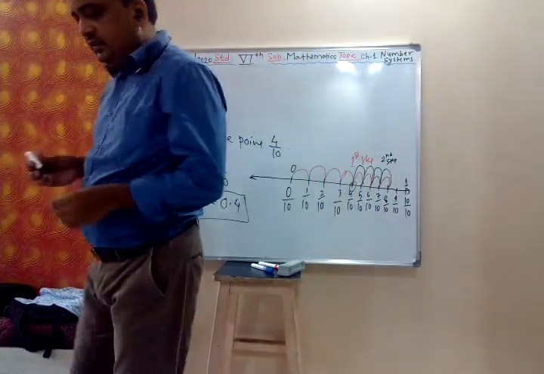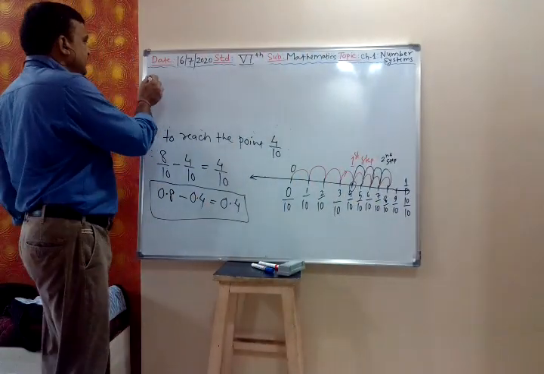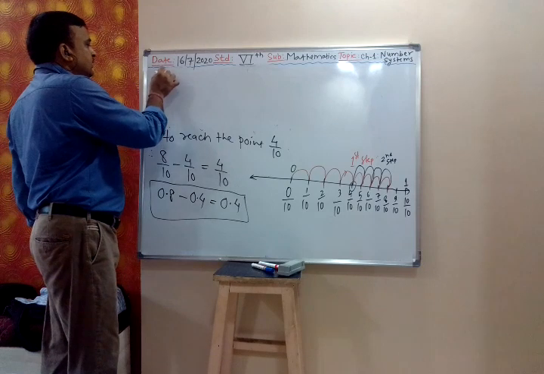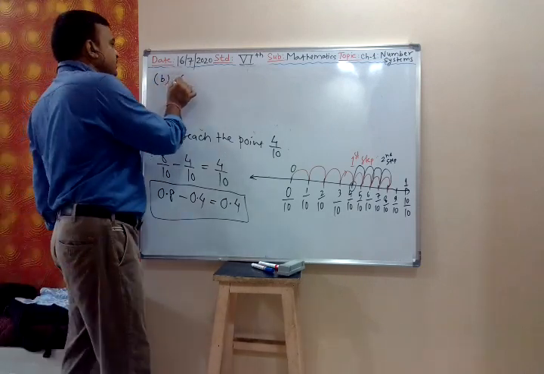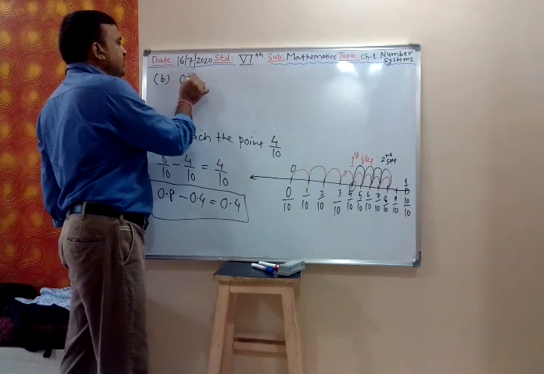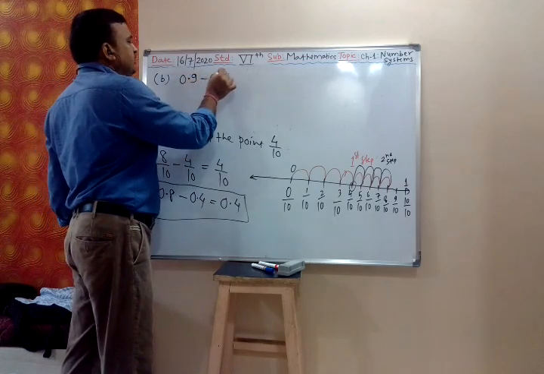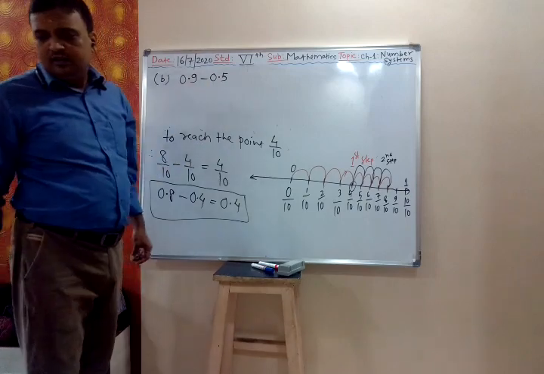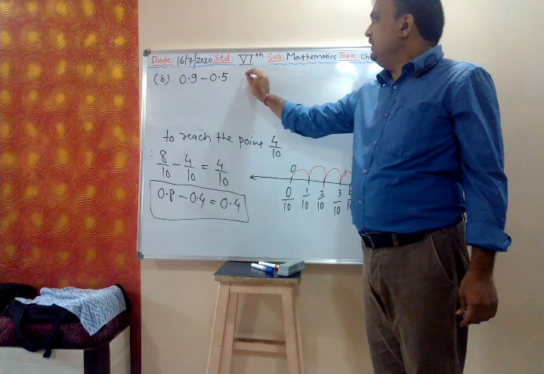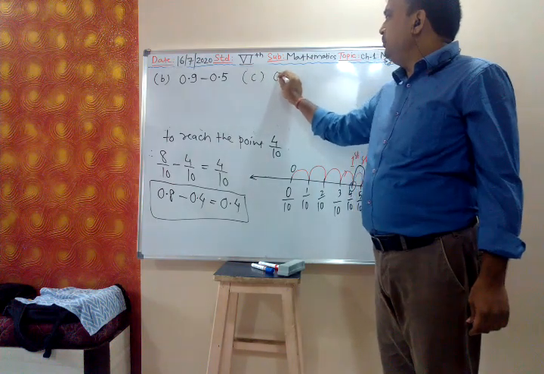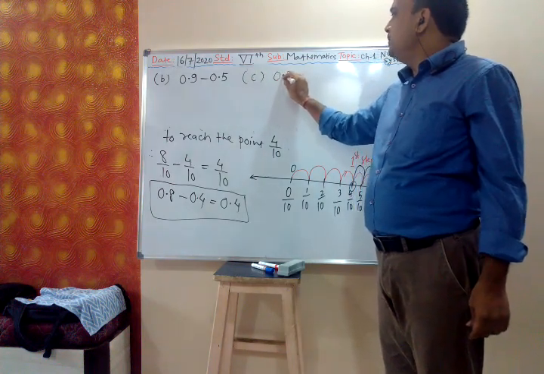Now B, mute the microphone. B is 0.9 minus 0.5. Those who have come late. Then C part is 0.3 minus 0.3.